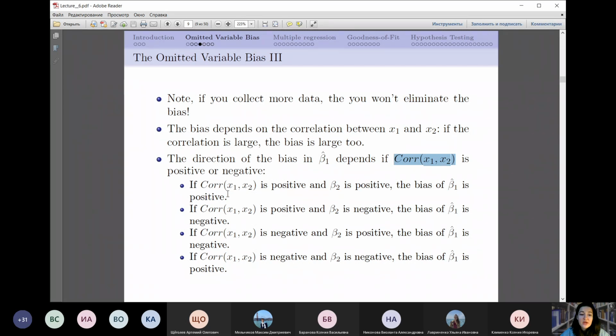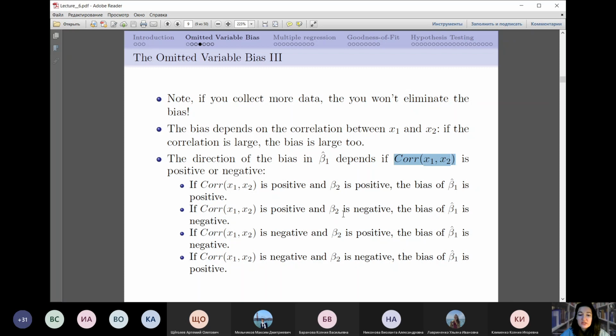If the correlation between independent variables is positive and beta 2 is positive, the bias of your estimated parameter will be positive.